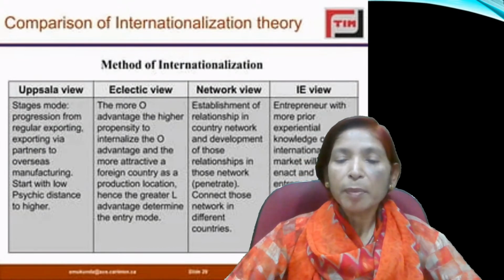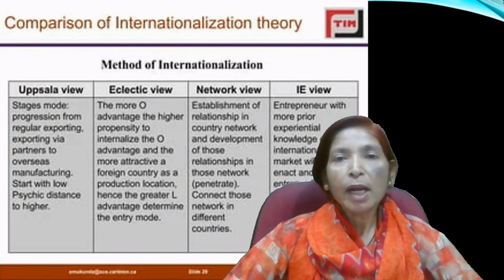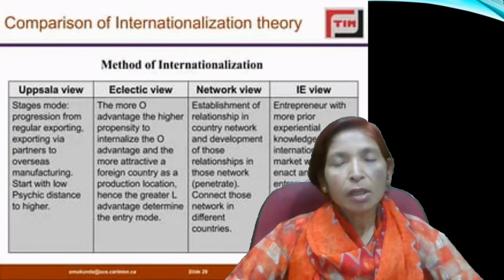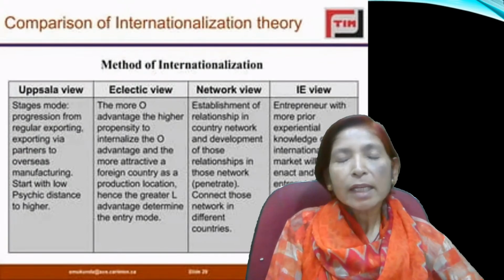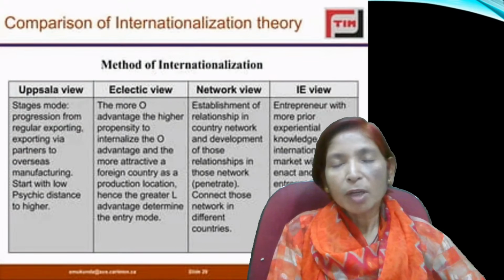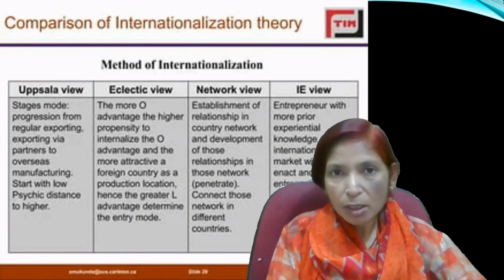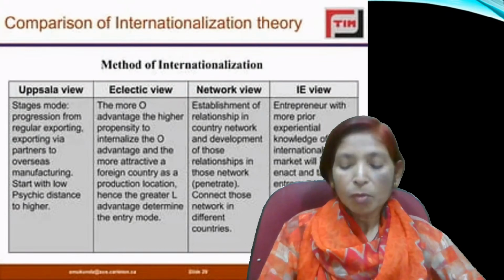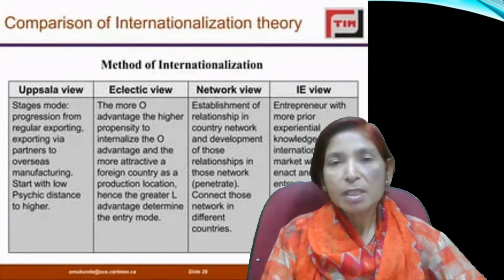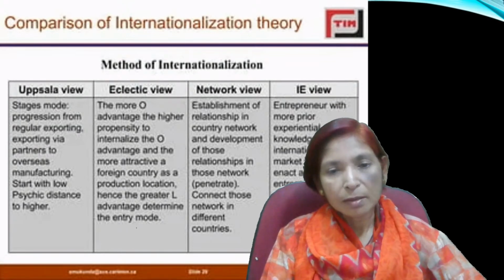And the international entrepreneurial view says that we should get more and more information through international entrepreneurs who have been engaged in business activities for a long time. If we get information through those entrepreneurs, then we can do more successful business operations in the present world.